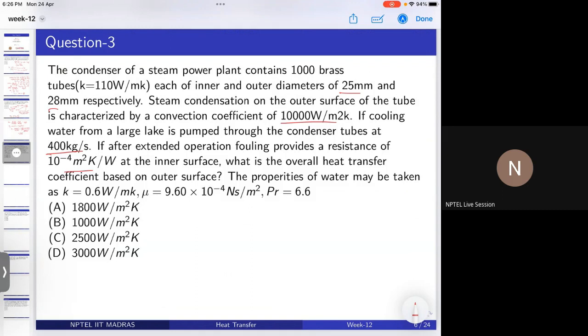It is similar to the previous case, but here there are 1,000 tubes with some fouling resistance, and you also have to consider the conduction resistance of the tube. That's all. It's not a condensation heat transfer problem, since the coefficient of 10,000 watt per meter square Kelvin is already given. So the arrangement is not required.